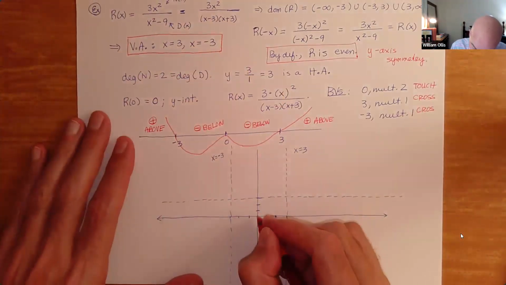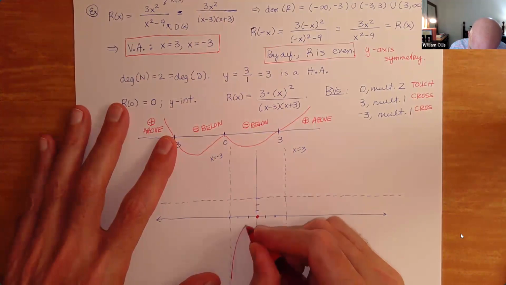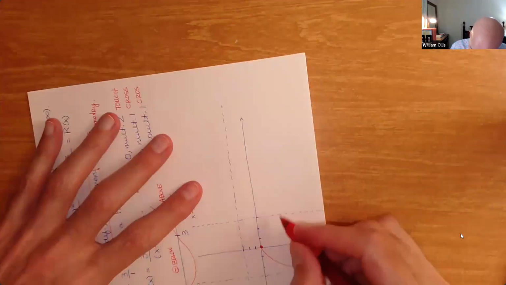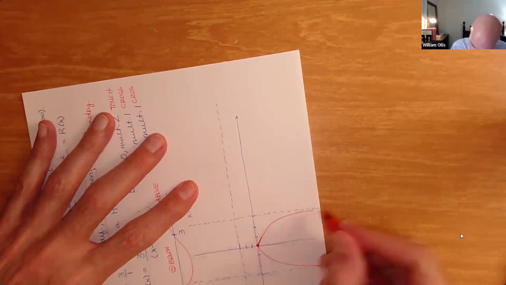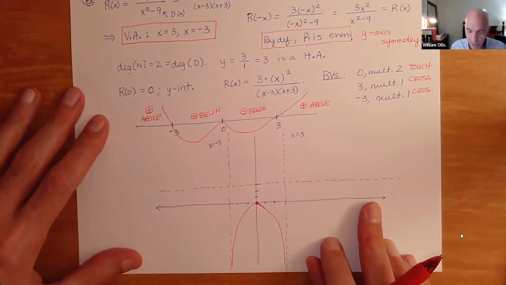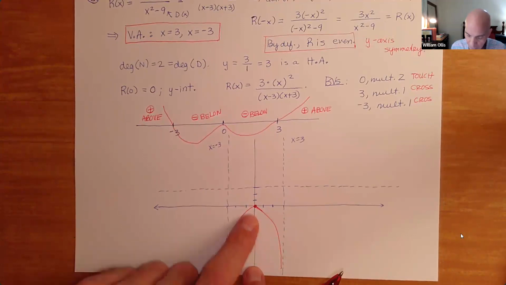And then we have our x-intercept right here. So we're going to pick that up and make it look even. So this will give us a nice picture. It doesn't have all the detail maybe we'd like, but it'll have sufficient detail. So this will give us a rendering that has y-axis symmetry.